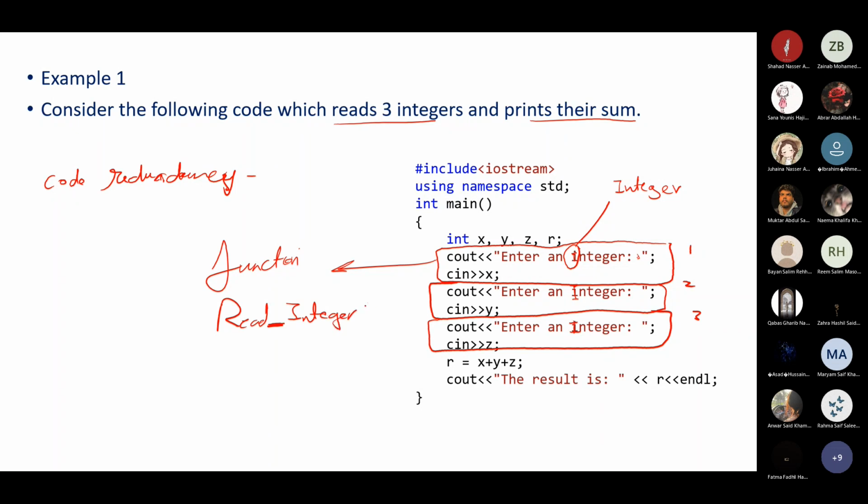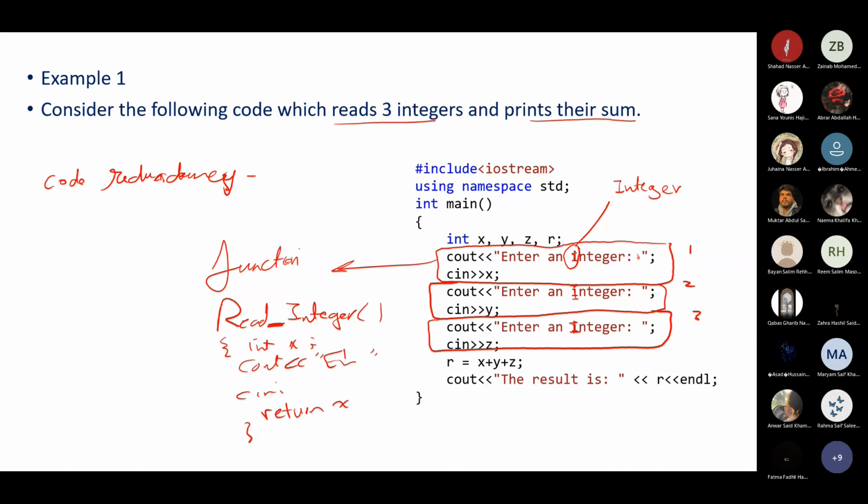Inside this read_integer, I will put this cout, enter, etc., and cin, and return, of course, here integer x, and return x. So this is the code. Instead of using this, I will just call the function. So if I want to change, for example, here the I, if I change it here, it will be reflected everywhere. So this is just a simple example.